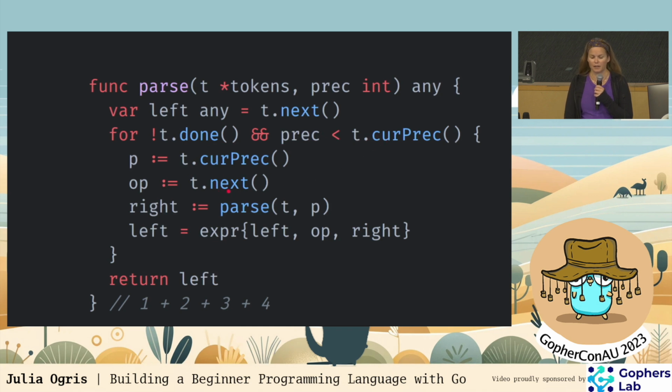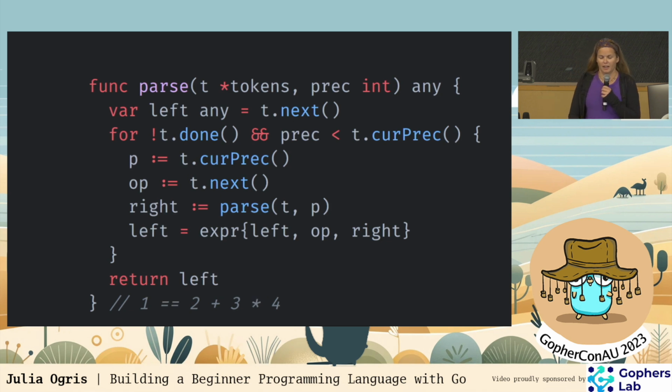And we get the plus operator off and do our first recursive call to get that next operator off. But because the precedence of the previous plus operator is the same as the current precedence, we don't actually recurse any level deeper. So we just pop down to get the right operand and back up again. And that builds this left-degenerated tree.